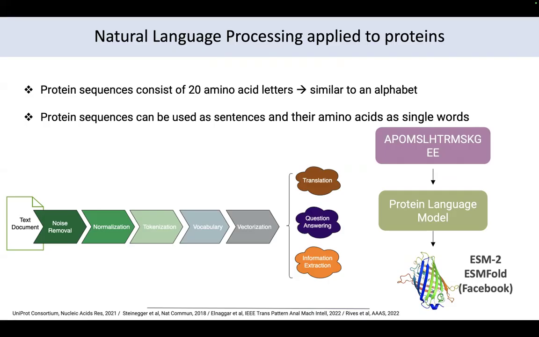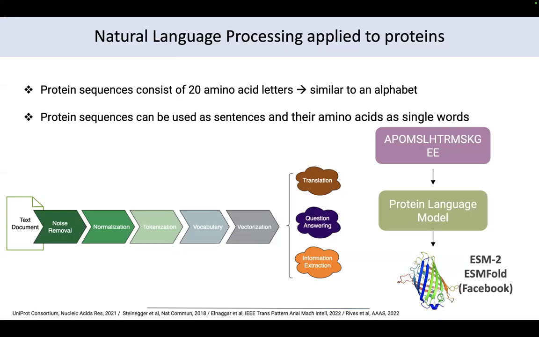They have a model called ESM2 and ESMFold, which can predict the fold of a protein with accuracy similar to AlphaFold, not by using the MSA, but by using natural language processing.